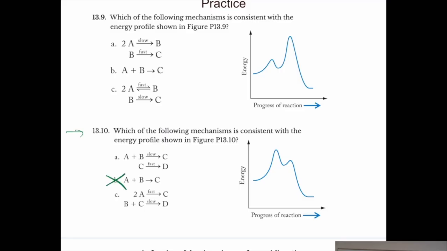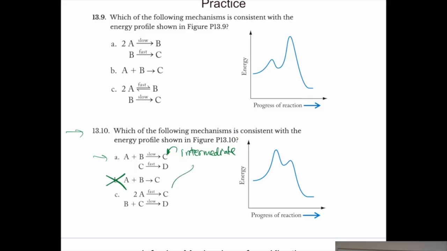And all that we're told, we've got A plus B goes to C for A, and then C goes to D, slow and fast. So if we just look at A, what's the intermediate? A, B, C, or D? C. C is the intermediate. What's the intermediate in step C? C again. It's still C. That's right.